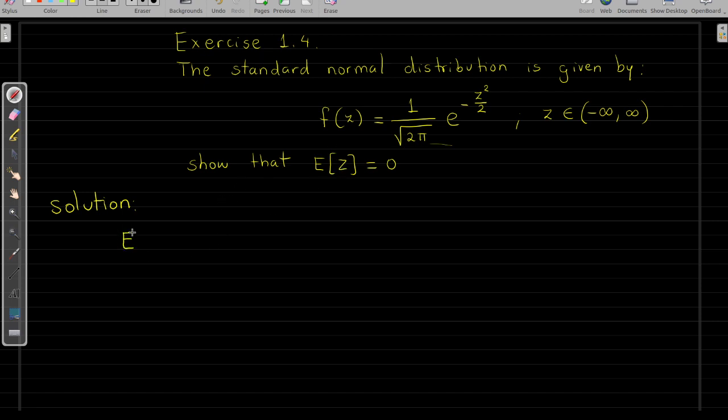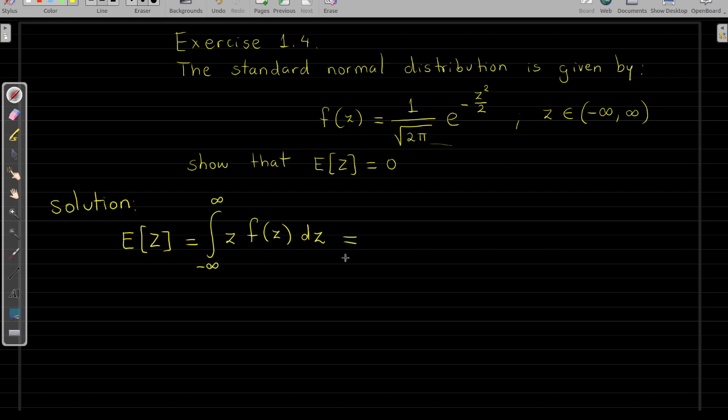By definition, we know that the expected value of z is an integral whose limits are minus infinity and plus infinity of z times f of z dz. As you know, this is the general expression for finding the expected value of a random variable. This expression should all be familiar to you, but if that is not the case, then I would strongly advise you to please review the material or ask many questions if you should have any.